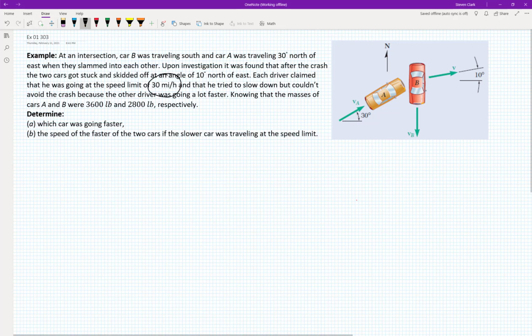Okay, before writing down that problem, before starting the solution of that problem, let me write down what we know. So I think that MA is 3,600 pounds.